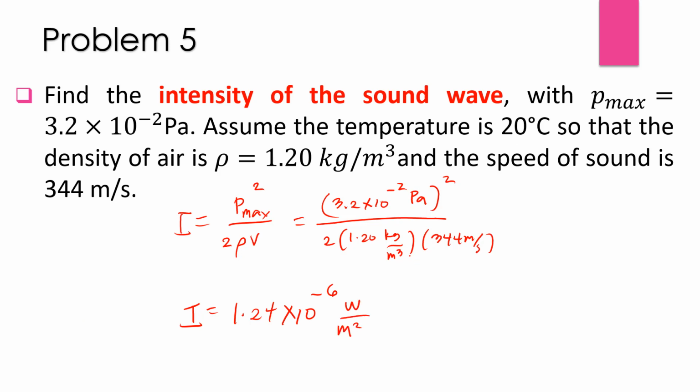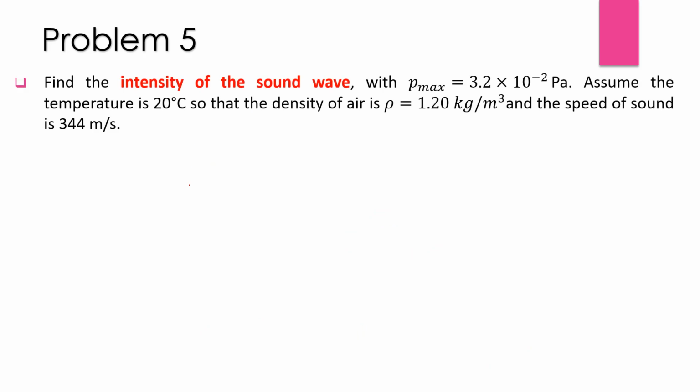Now, if we wish to convert this to decibel scale, the intensity equal to 1.24 times 10 to the minus 6 watts per meter square is equal to what in decibel scale? We know that beta is equal to 10 decibel times the logarithm of the intensity over the reference intensity I naught, where take note I naught is equal to 10 to the minus 12 watts per meter square.